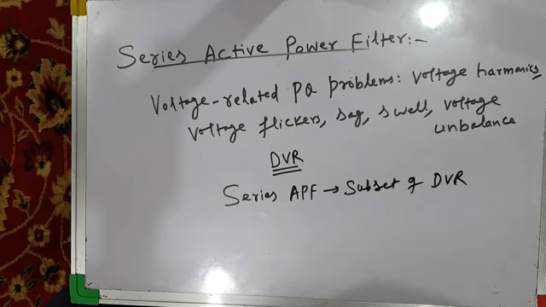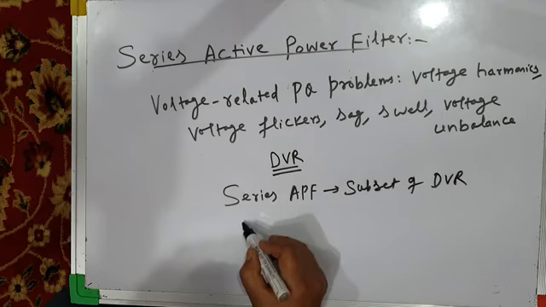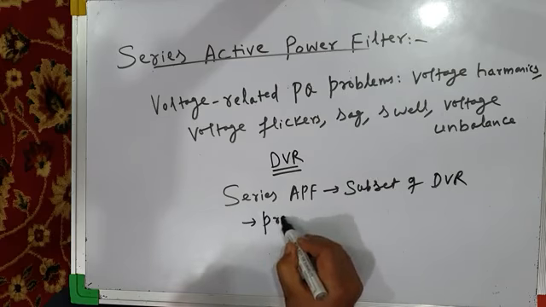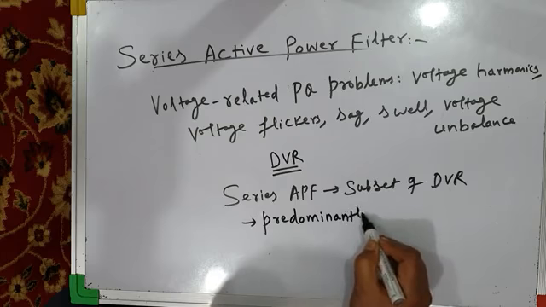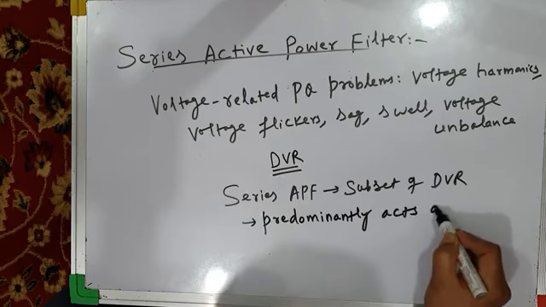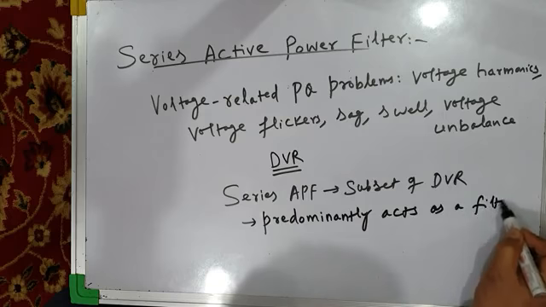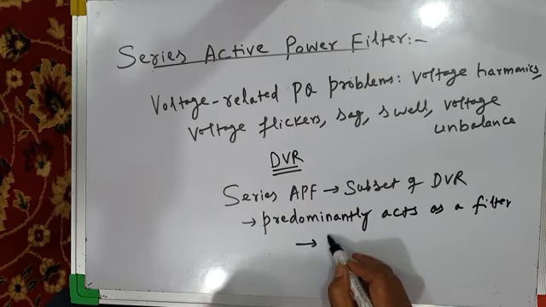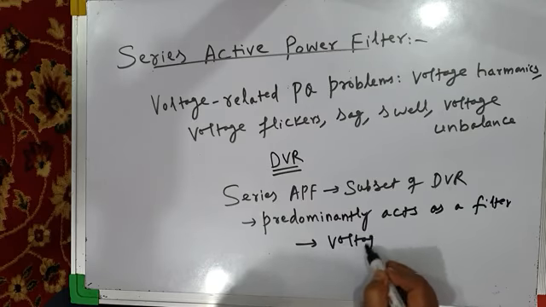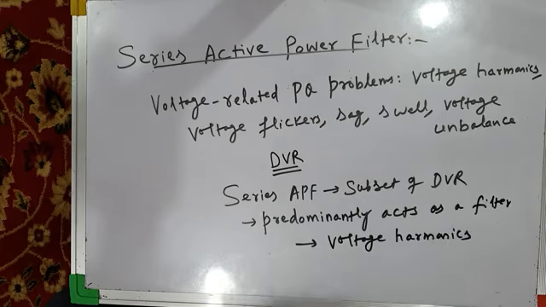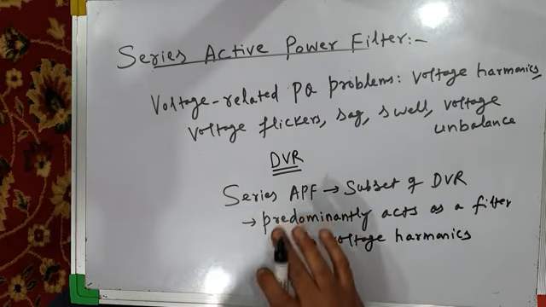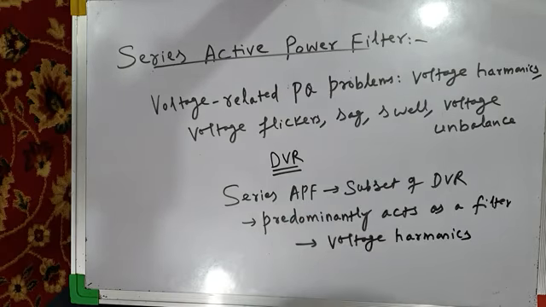A series active power filter is designed primarily to address some of the problems; predominantly it acts as a filter. When I say it acts as a filter, it compensates the voltage harmonics, that is, the harmonics present in the voltage. It cancels the harmonics present in the voltage, making the voltage available across the load purely sinusoidal. This is the main function of it.